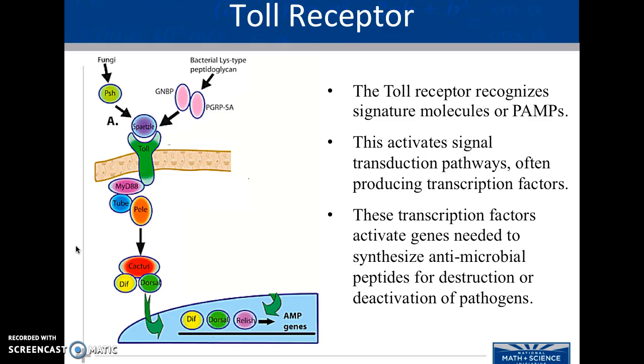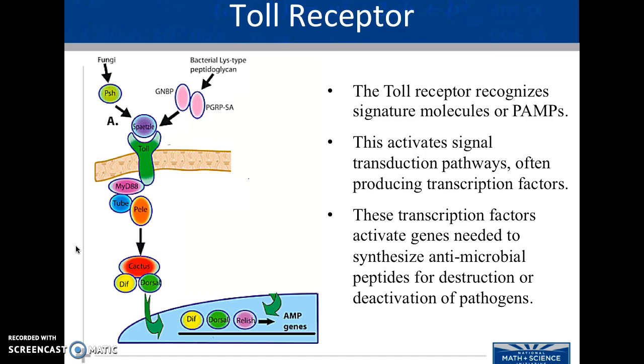It activates a signal transduction pathway, often producing what we call transcription factors, which, when we talk about DNA and RNA, we should know are things that allow us to transcribe DNA, which is part of making proteins for a certain response. These transcription factors activate genes that are needed to synthesize antimicrobial peptides, or proteins, for destroying the pathogens. And so truly, the purpose of a toll receptor is to activate the creation of proteins to destroy the pathogen.